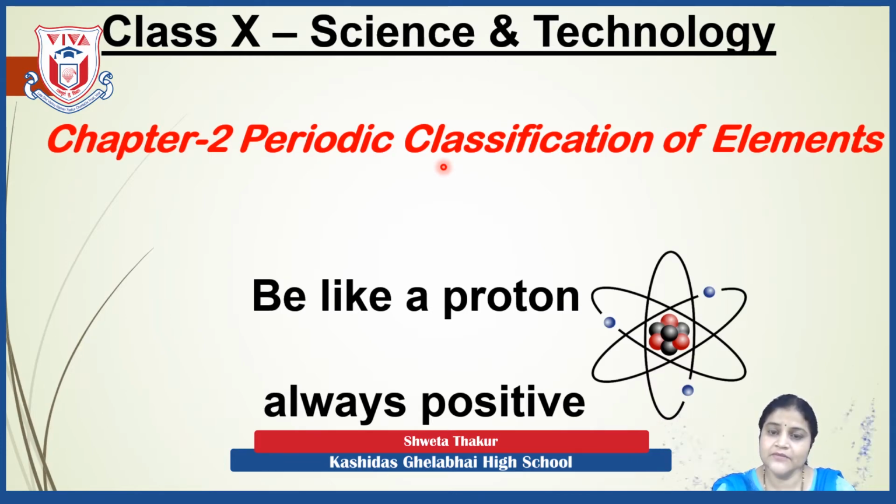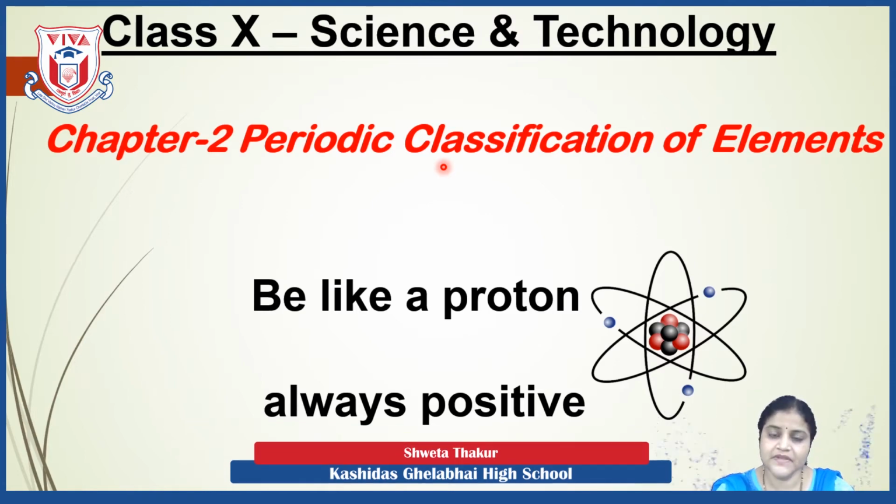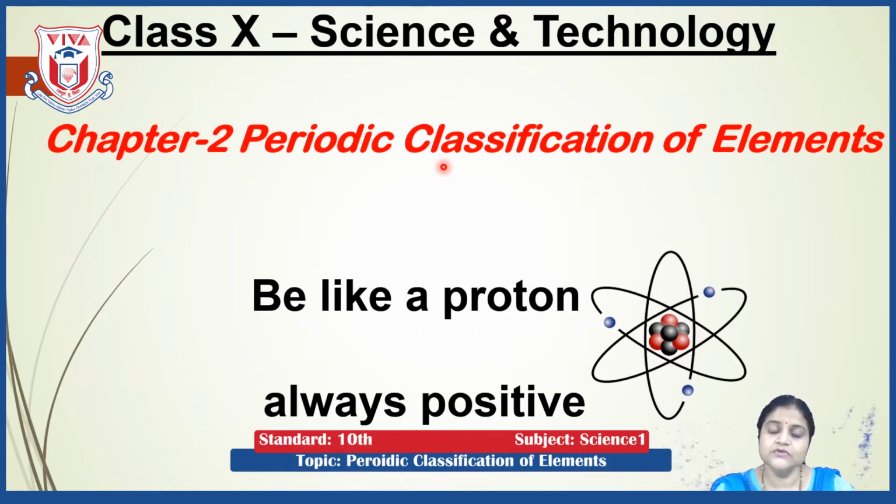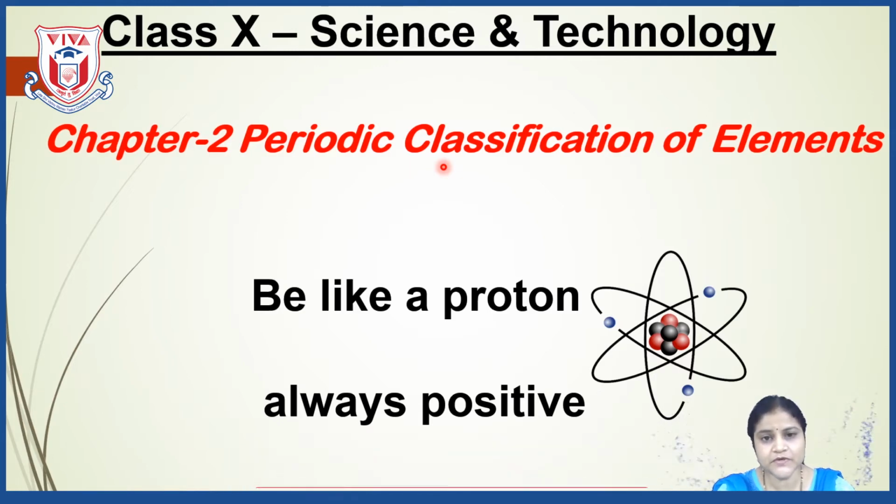Maybe the number of elements was very small, but still to segregate them all and to study the properties of each and every element separately was not possible, and hence the scientists of those times thought of classifying the elements.